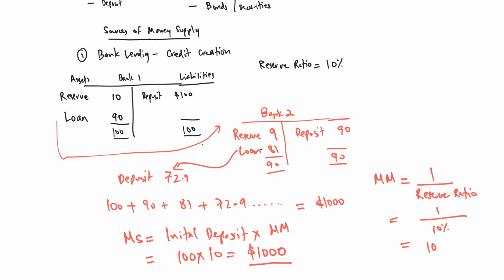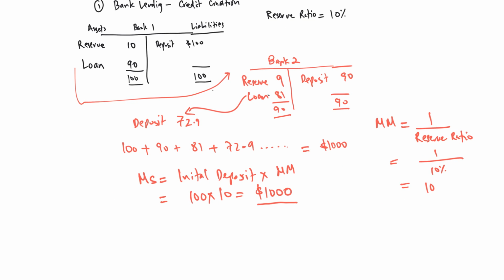So 10 times 100 would be total money supply, of which how much is the bank lending? Bank lending would be money supply, which is 1000, minus initial deposit. So the bank has been able to create $900 worth of loans from a single deposit of 100.